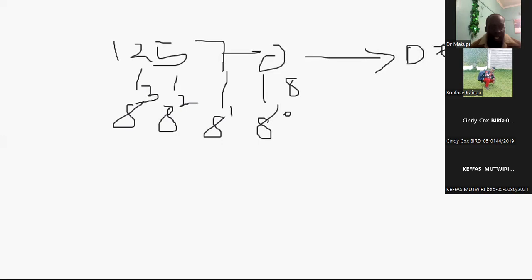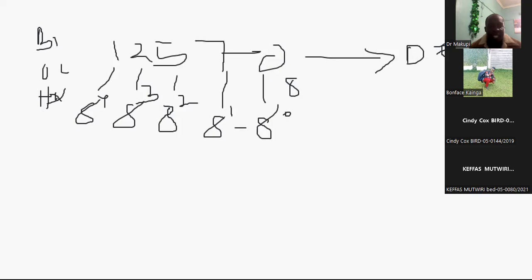8^3, 8^4. What you realize is that all these numbers, beginning from binary, moving to octal and hexadecimal, the three of them, if you want to change them to their decimal equivalent, you just multiply by increasing powers of that base. For this one, I'm talking about increasing powers of 8.